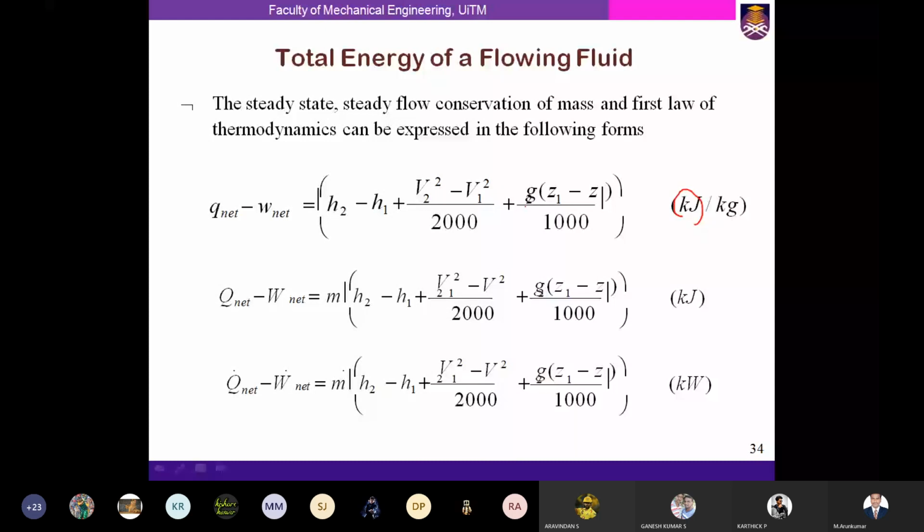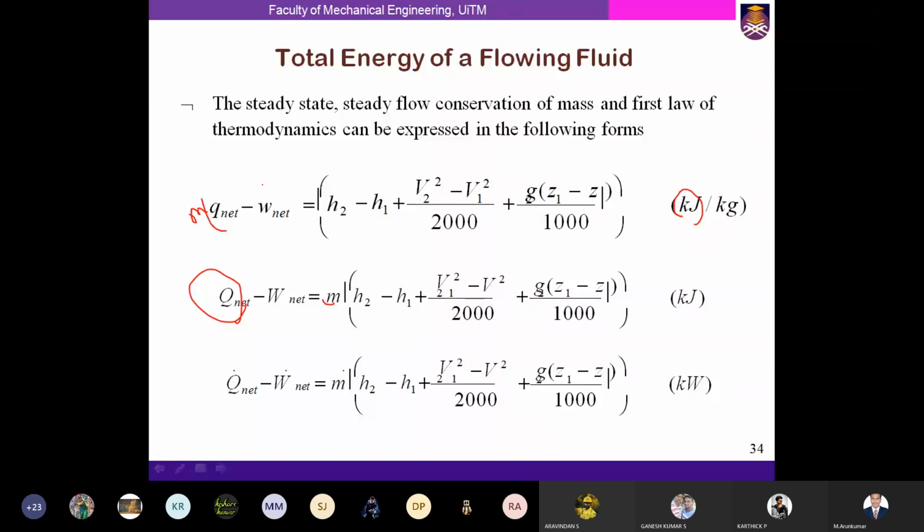Then we have the change in potential energy. If you want to write in capital letters, we have to multiply with m. So m into delta small q will give you capital Q. So Q net minus W net will be m into this term.